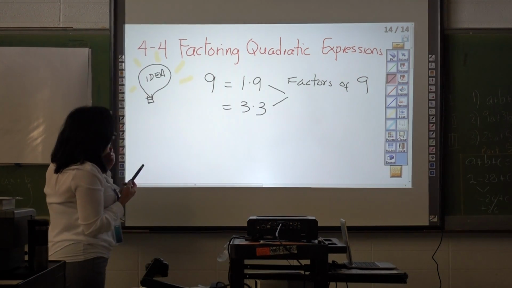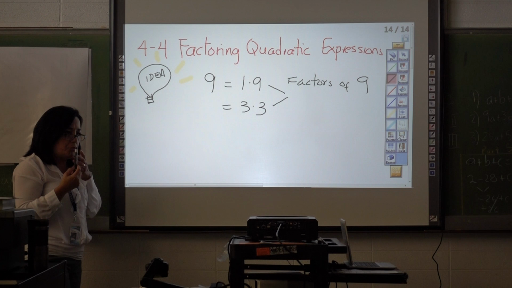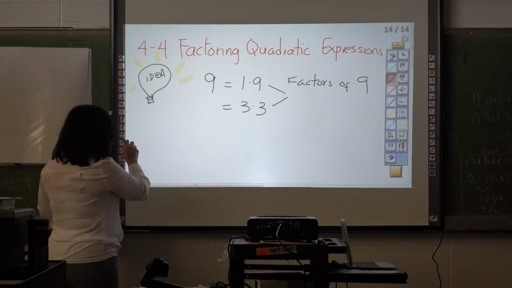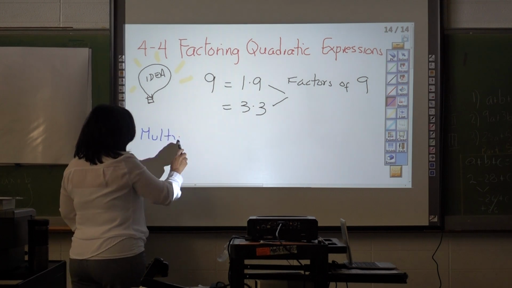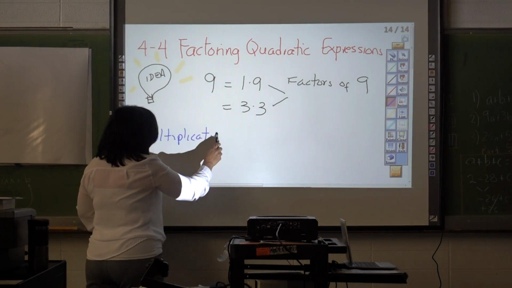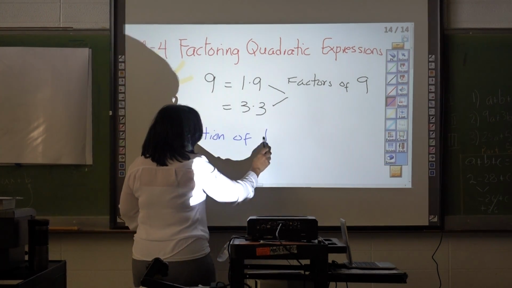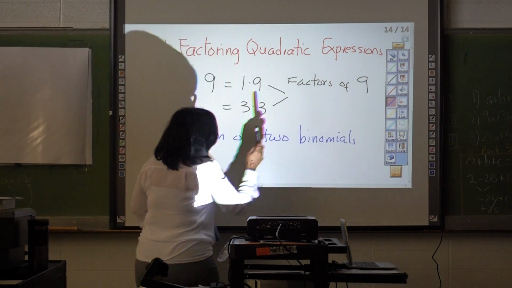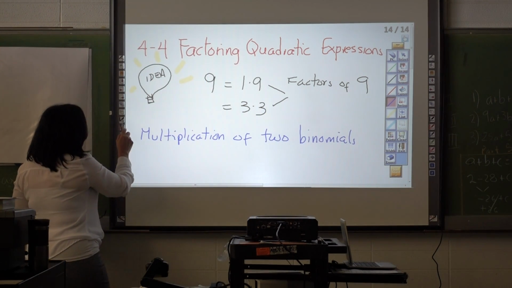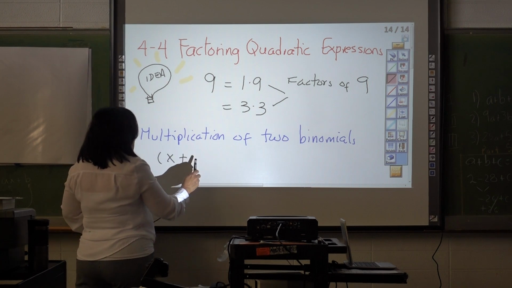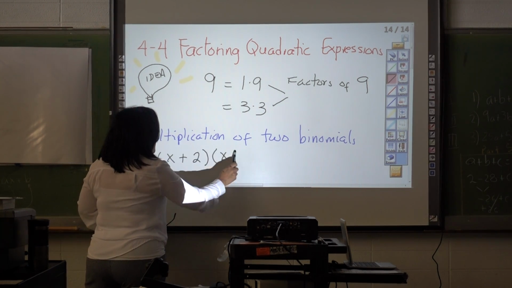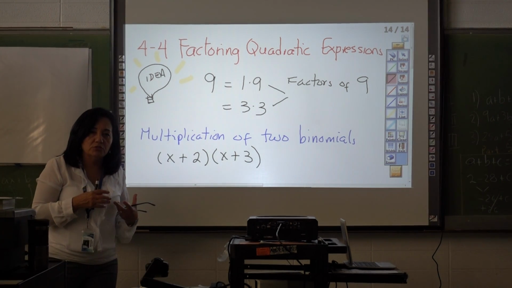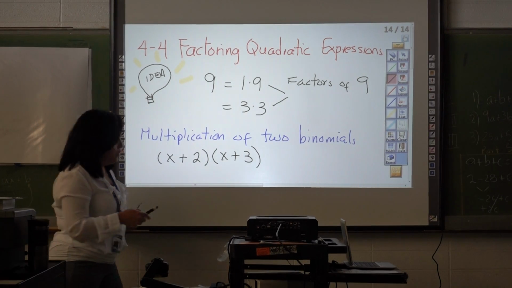Okay, now I want you to remember, back in algebra 1, when we are multiplying two binomials, what do you do? For example, let's say you have x plus 2 times x plus 3. When you're multiplying two binomials, we use something called FOIL.